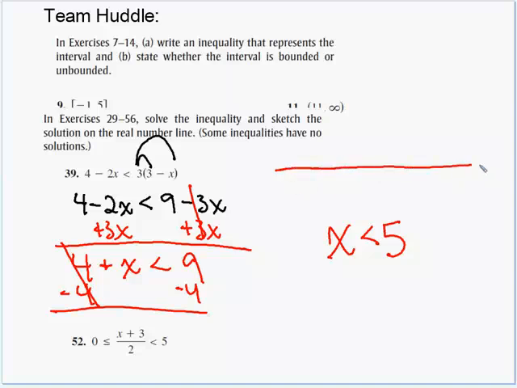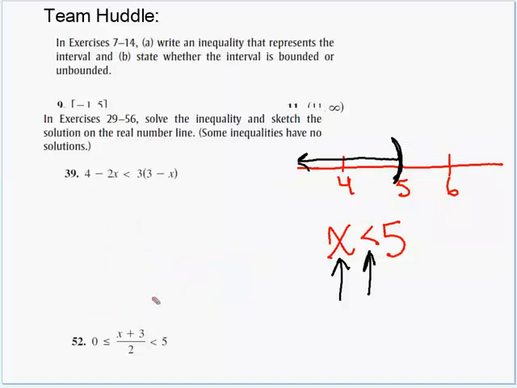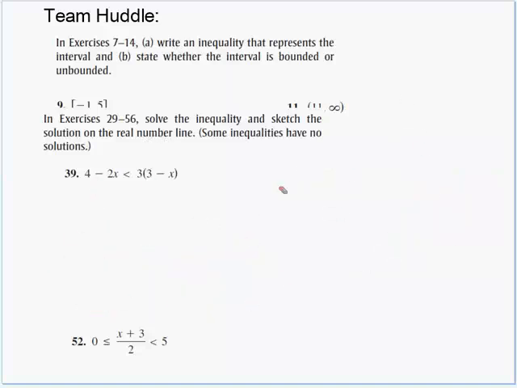X is less than 5. Again, not a detailed number line, just the numbers I'm interested in. Give me one to the left and one to the right. X is less than 5, so parenthesis at 5. And then our variables on the left, the arrow will point the same way as the inequality, or the numbers that are less than 5 are this way, 4, 3, 2, 1. So there is our graph.